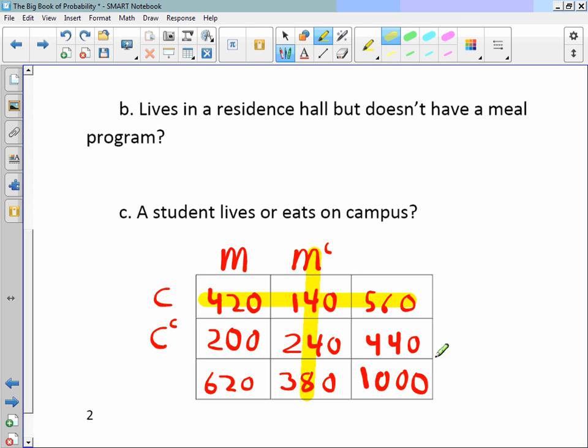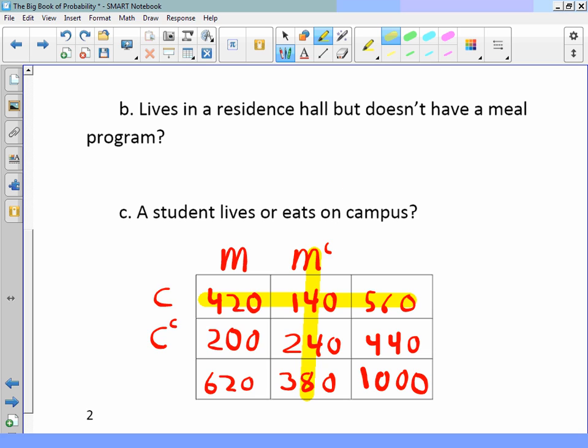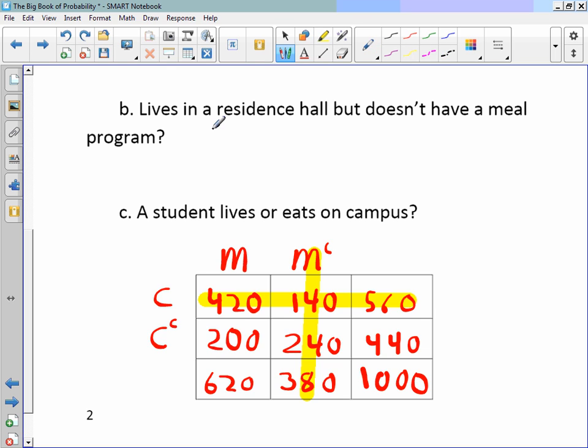So it's got to be lives in a residence, doesn't have a meal plan. That's 140 out of 1,000, right? Equals 14%. See how easy that is?